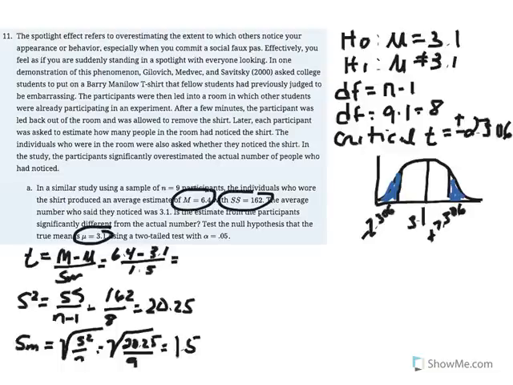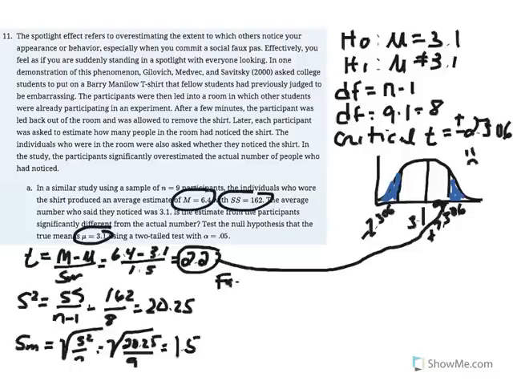So in our calculator, 6.4 minus 3.1 divided by 1.5 gives us a t statistic of 2.2, and we're going to use that to look at our distribution and see where that falls. And in this case, unfortunately, it falls in this region. And that region tells us that, again, visually, I like to show, it makes us sad because we're going to fail to reject the null.